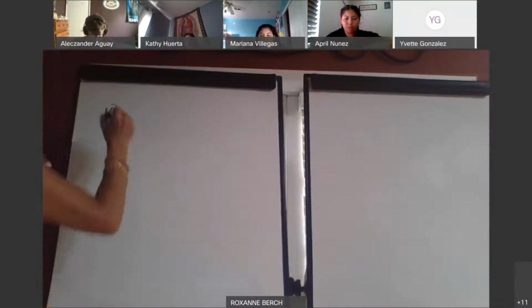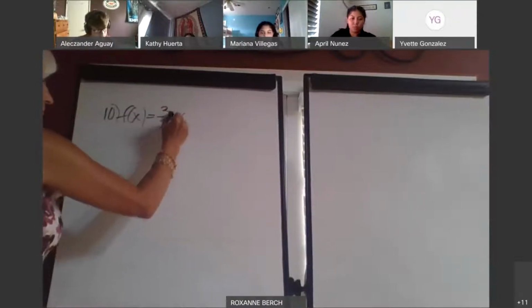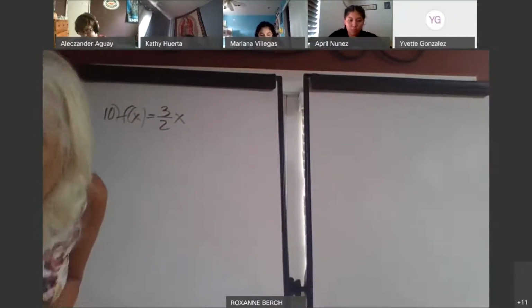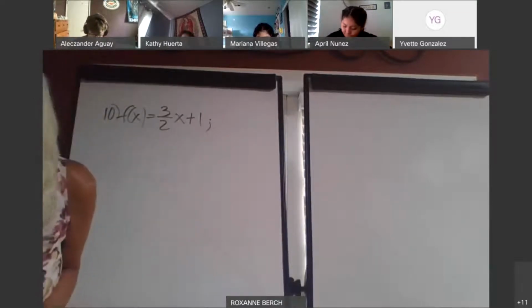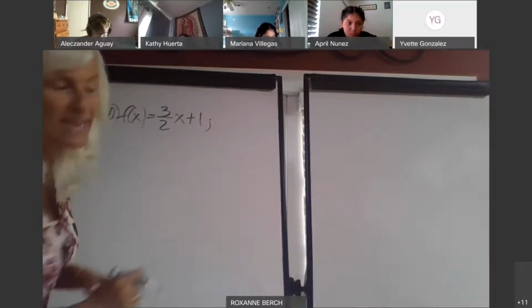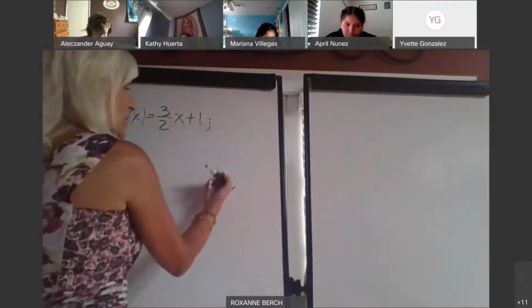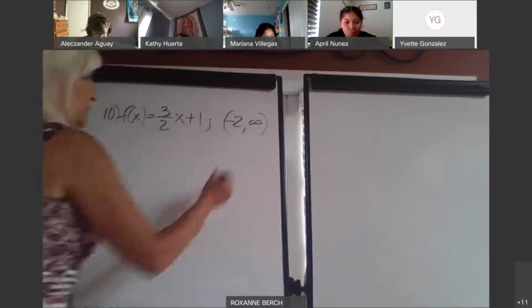All right, they're giving you a linear function. So it's 3/2 x plus 1. And they're telling you the domain. And I'm not going to use interval, I'm going to use interval notation. X greater than -2.